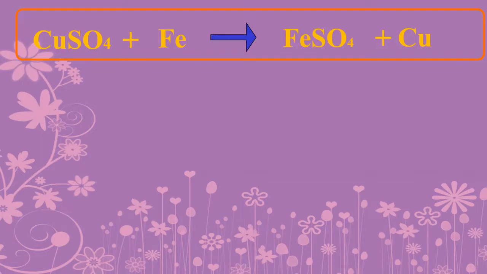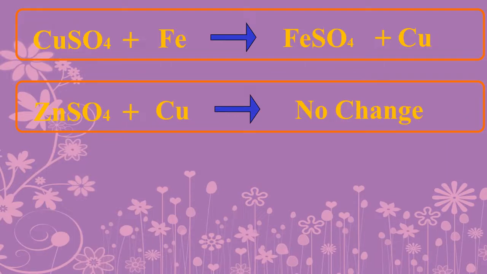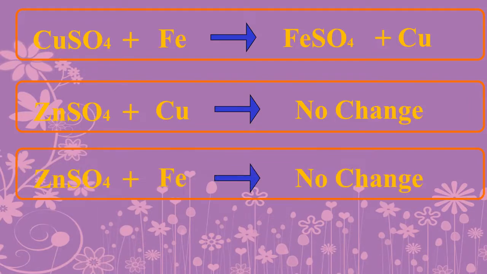In this reaction, iron, being more reactive than copper, displaces it and produces ferrous sulfate. Now we can see that there is no change in this reaction because copper is less reactive than zinc and a less reactive metal cannot replace our more reactive metal. Likewise, iron is less reactive than zinc.